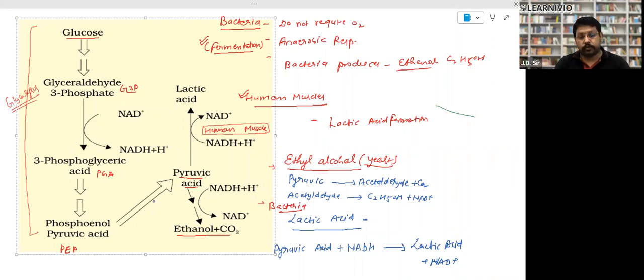Glycolysis goes on. That is for sure. So first thing you have to remember is that glycolysis goes on for both, either it's an aerobic reaction or an anaerobic reaction.